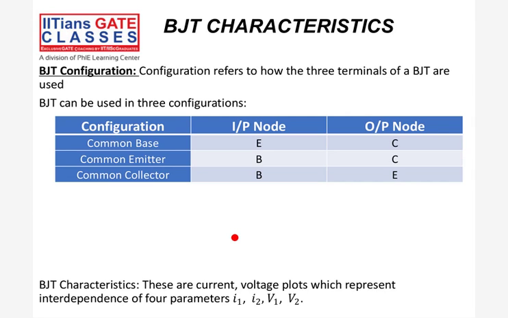So that is configuration. One terminal will be used as the common reference node, and based on that only we configure them. So we have these three configurations. See, our BJT has three terminals. We can see here.